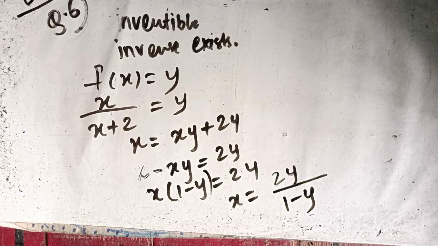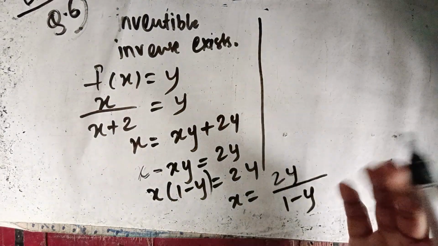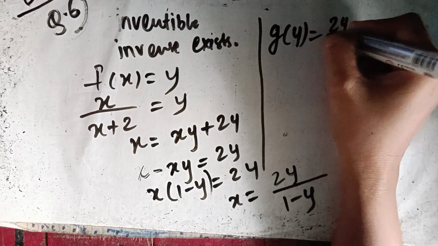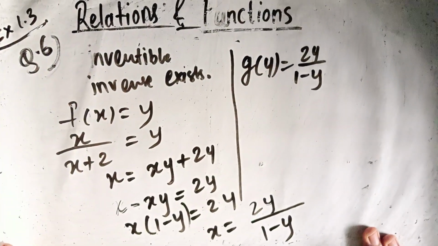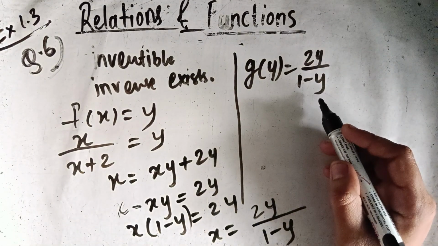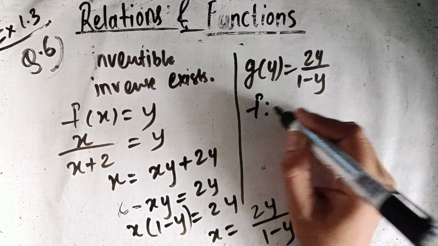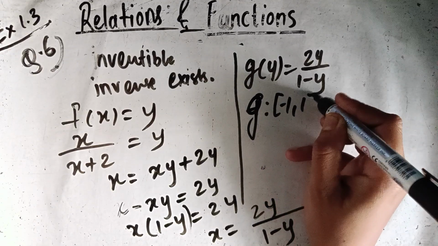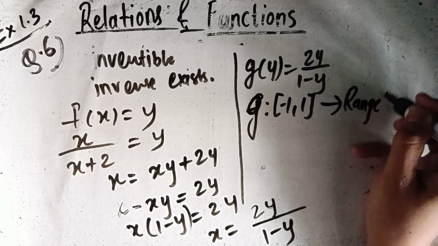So this becomes the inverse. If I take this as g of y, then g of y is 2y upon 1 minus y.